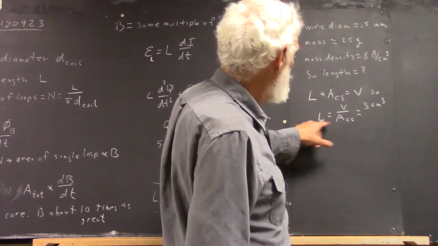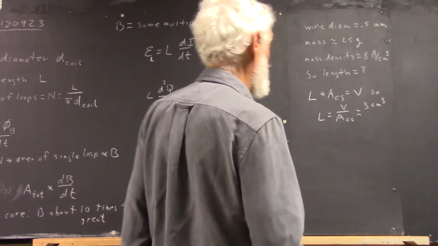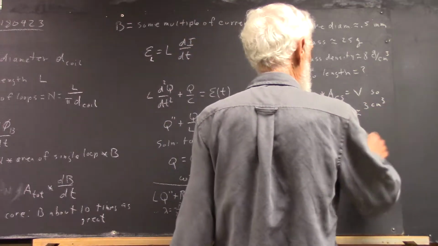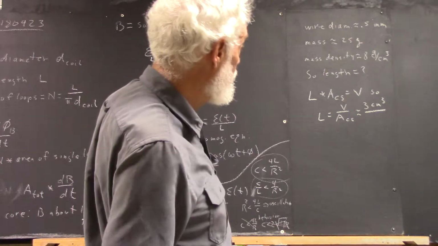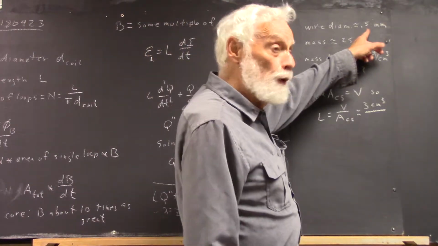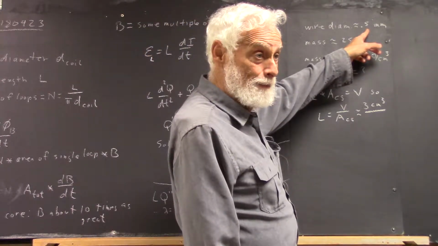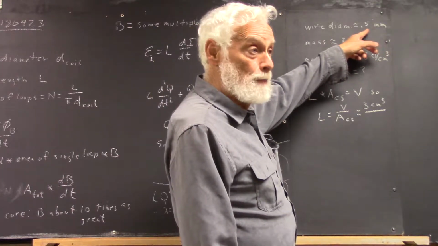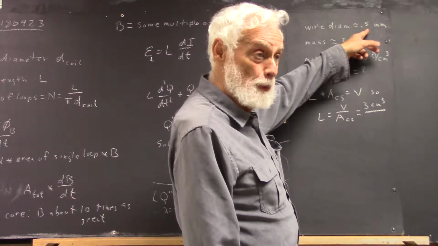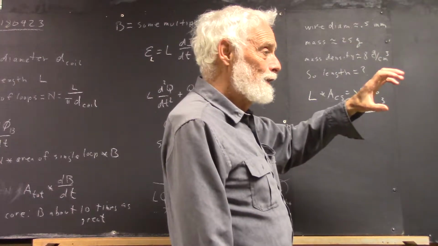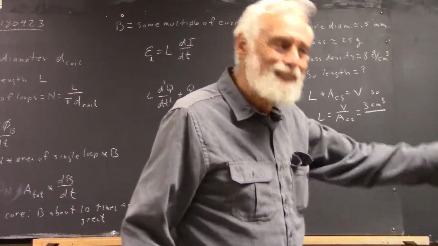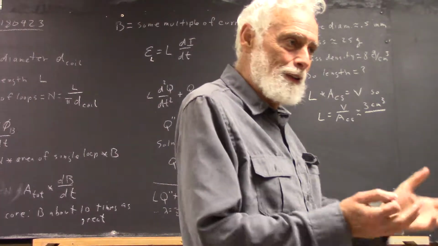So the volume is 3 cubic centimeters. Length is that over the cross-sectional area. What's the cross-sectional area? Well, a square 0.5 millimeters on a side would have an area of 0.25 millimeters squared, right? A circle has area pi over 4 times the area of the square that surrounds it.